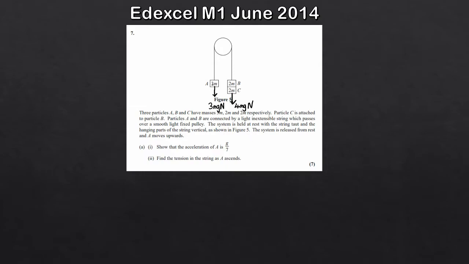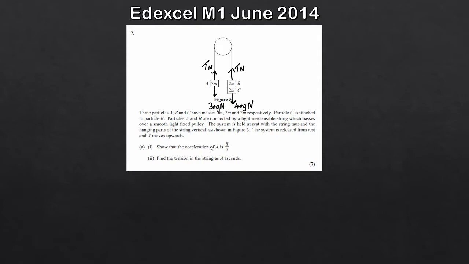Combining this one as 4m, we'd have a respective tension in the string, T newtons, and again T newtons here. We know the tension is the same because the question says it's a smooth, light, fixed pulley.